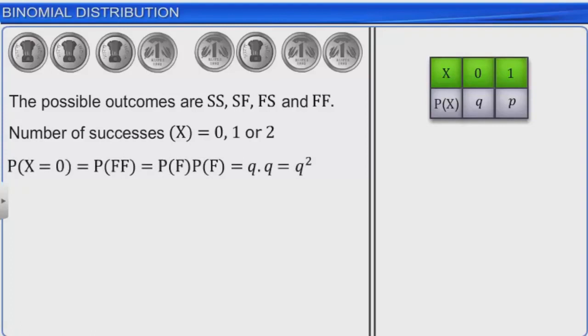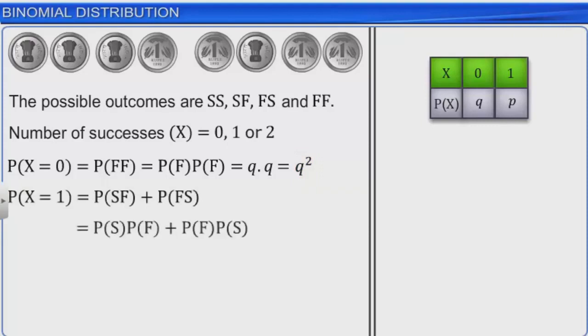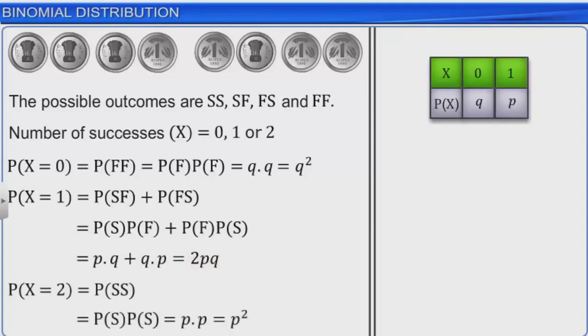The probability that X can take the value 1 is the sum of the probabilities of the occurrences of SF and FS, which is 2PQ. The probability that X can take the value 2 is the probability of the occurrence of SS, which is P squared. Therefore, the probability distribution of X when the coin is tossed twice is as shown.